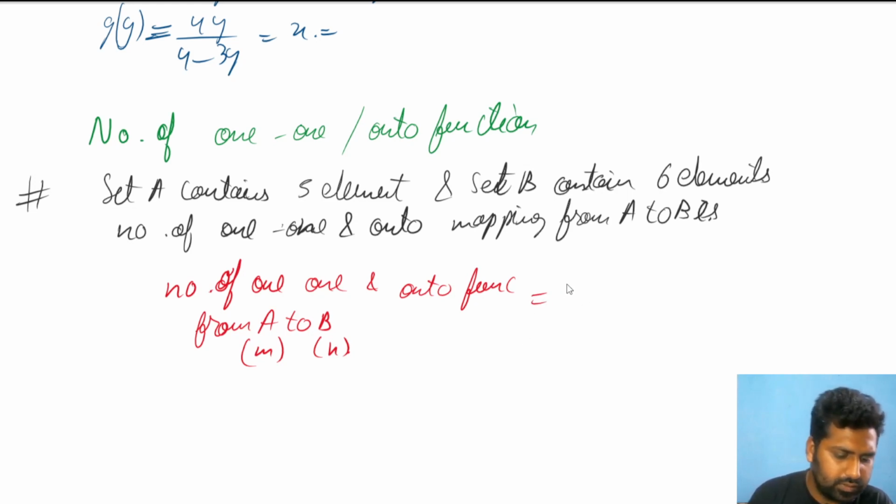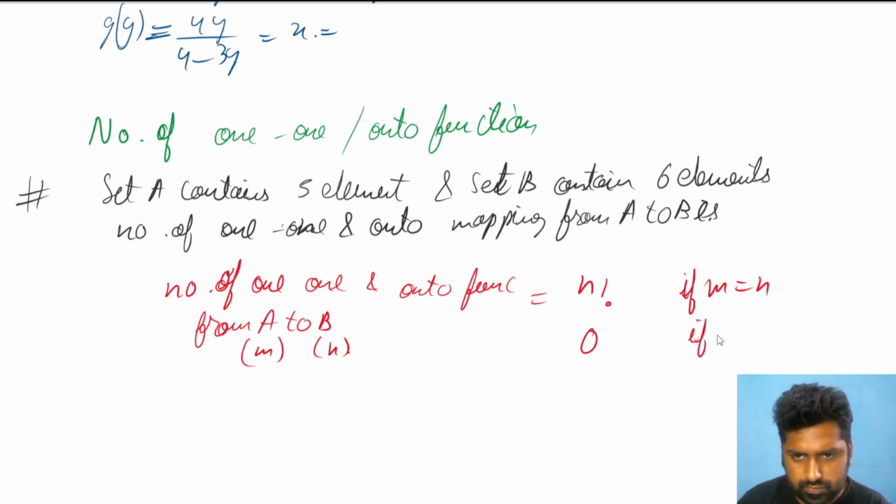So in that scenario, one-one and onto will have the answer n factorial, only if m is equal to n, meaning the number of elements of A and B should be equal, otherwise the answer is 0.